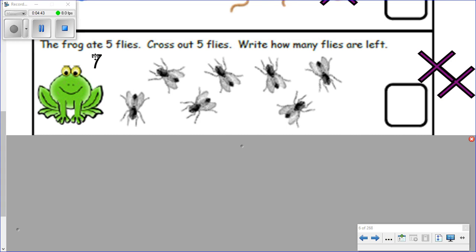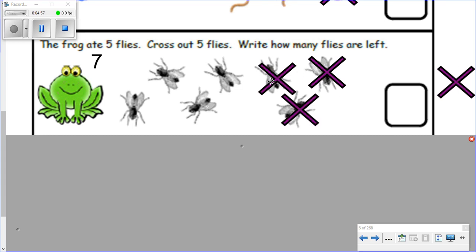Let's move that over there. 7 flies. Now let me go back in the story. How many cross out 5 flies? So 1, 2, 3, 4, 5. 5 flies we crossed out, which means we use the minus sign, and it was 5 of them. 7 minus 5 equals, how many are left? 1, 2, equals 2.